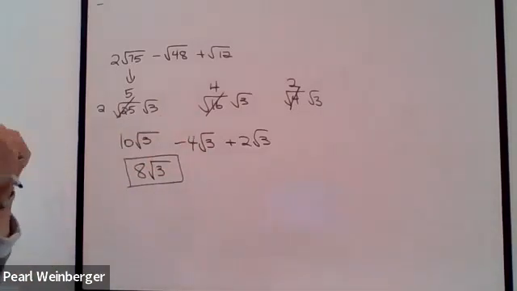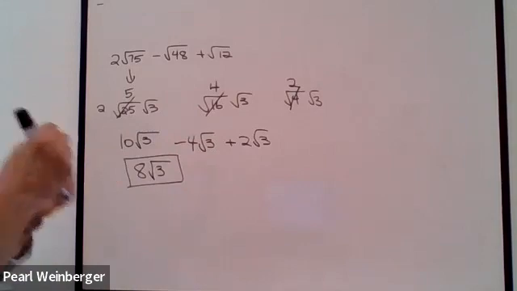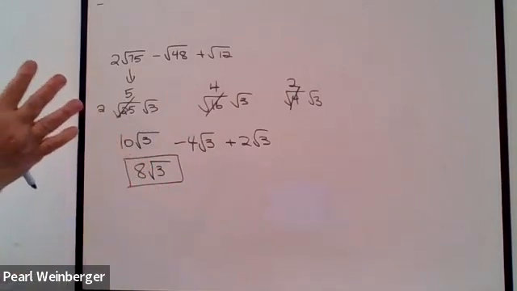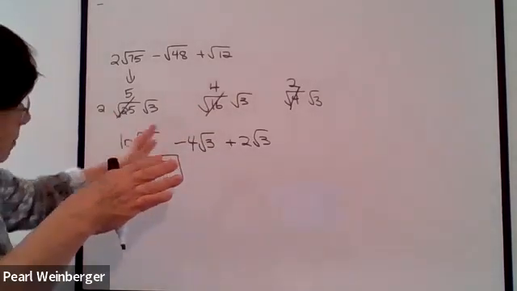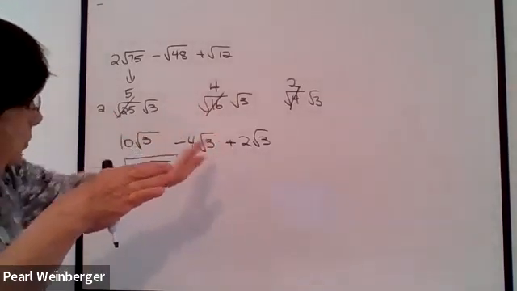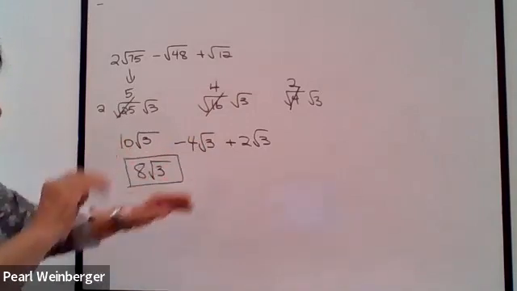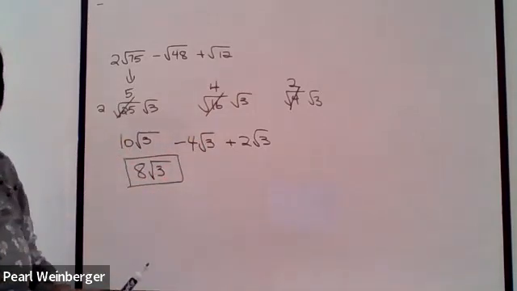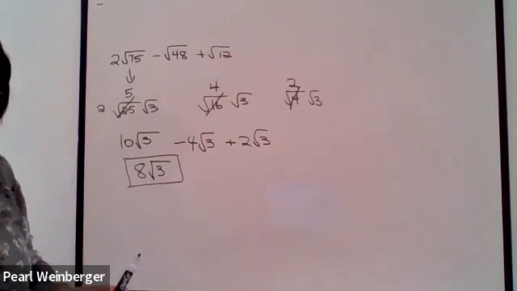And then just think about doing it like 10x minus 4x plus 2x. You add up all the coefficients, the numbers in front. 10 minus 4 is 6, plus 2 is 8, and put it in front of your like radical, the radical that's the same for all of them.